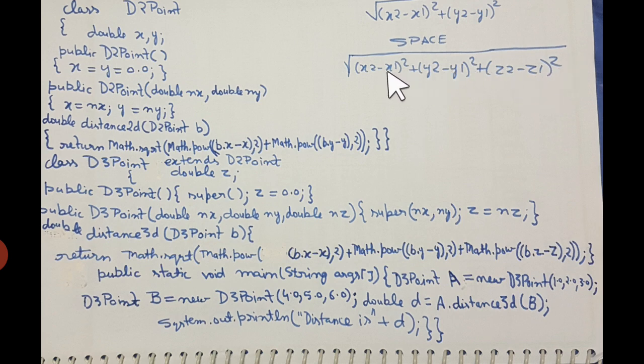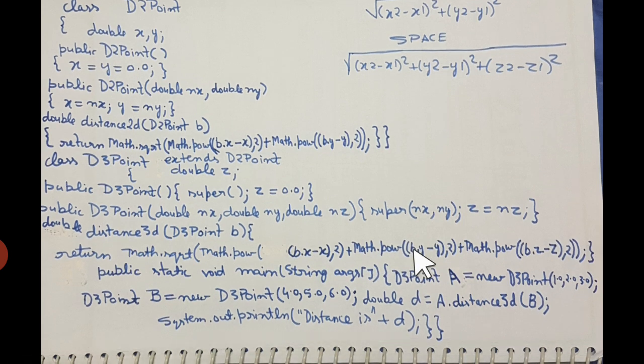So wherever x2, y2 and z2 is written, just write b dot x, b dot y and b dot z. And for the current object, you do not need to mention any object name, just write x, y and z.